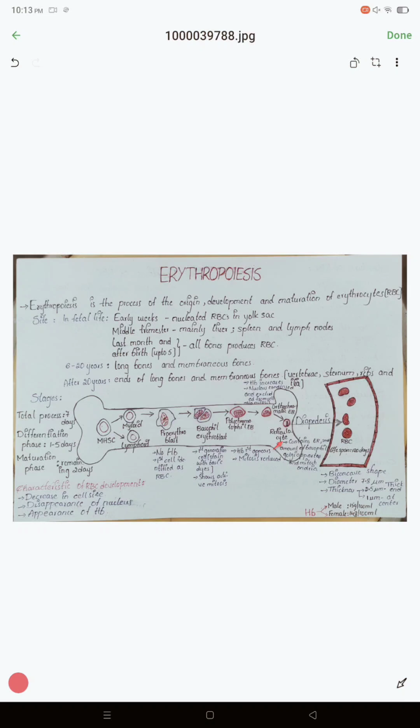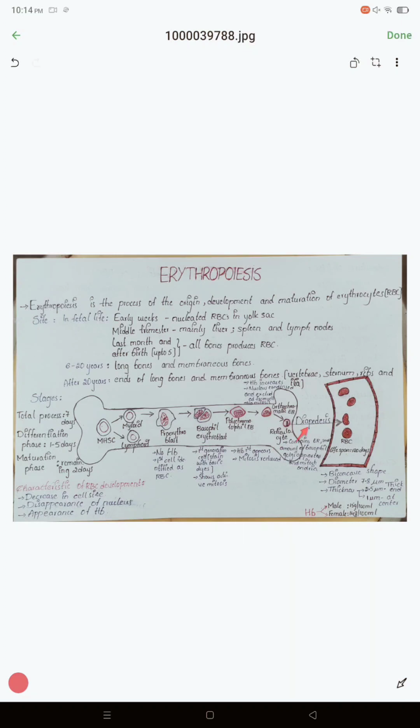This reticulocyte is also known as a young RBC with no nucleus, but the cytoplasm contains endoplasmic reticulum, basophil, Golgi apparatus and mitochondria. This reticulocyte moves into the bloodstream by squeezing through pores of sinusoidal capillaries.